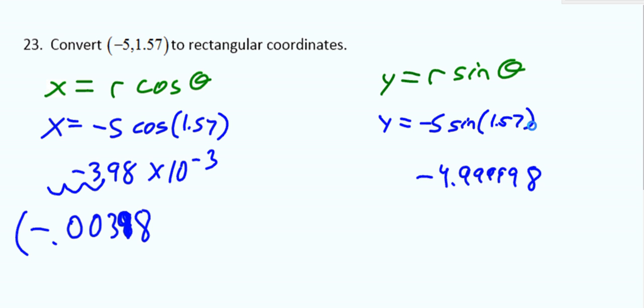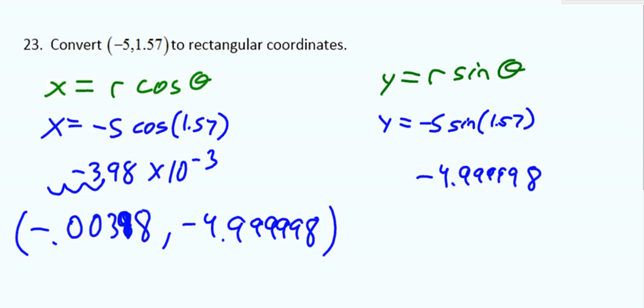That's our y value. So I'd be okay if you wrote them actually out this way. If you're a little bit less precise and you said 0 and 5, that's really pretty okay too.